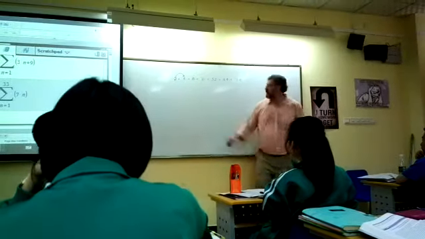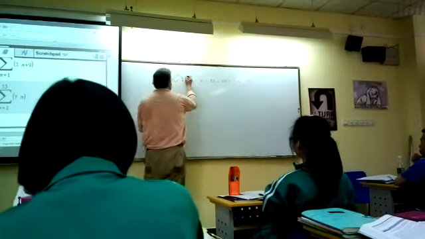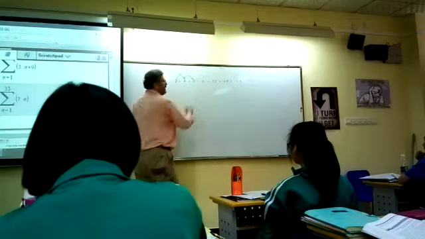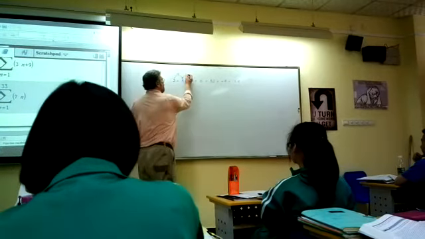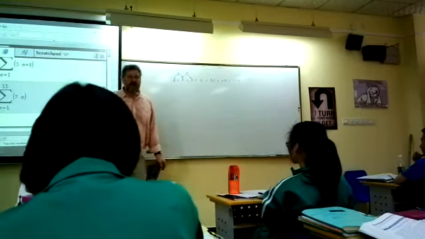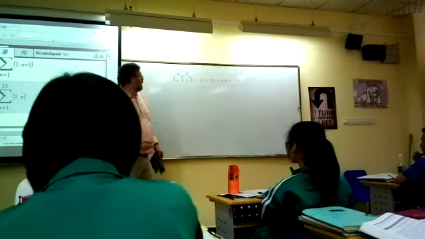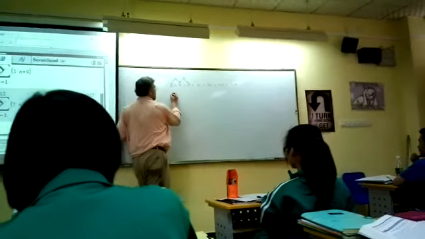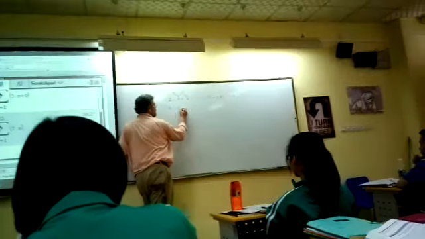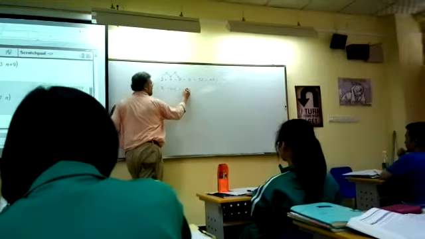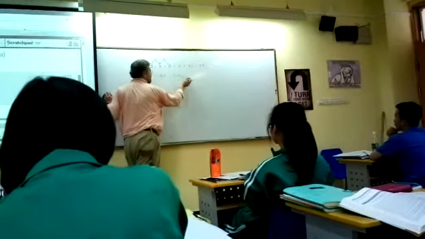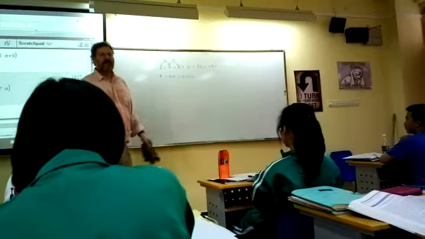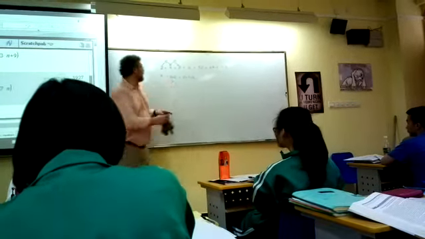Times 2. Times 2, isn't it? And from here to here, times 2. So each time, it's times 2, isn't it? So what I can say is this is 2 plus 2 times 2 plus 2 times 2 times 2, isn't it? Okay? We have a neat way of writing this, haven't we?